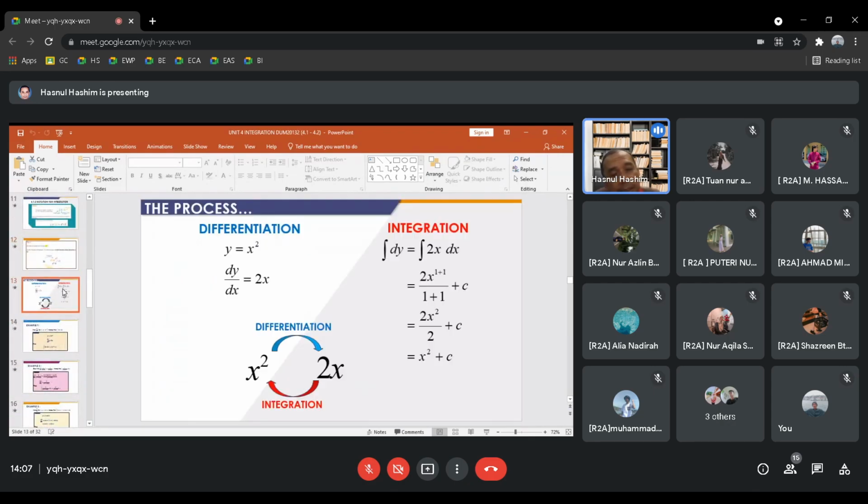Okay, and then we look here: when we differentiate x squared, we have 2x. When we integrate 2x, we have 2x squared over 2 plus c, so x squared plus c lah.